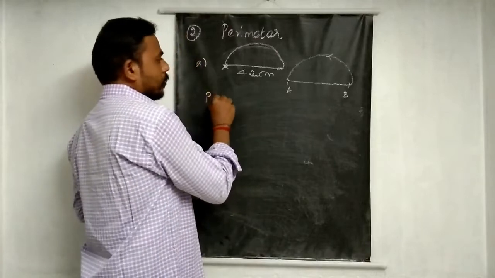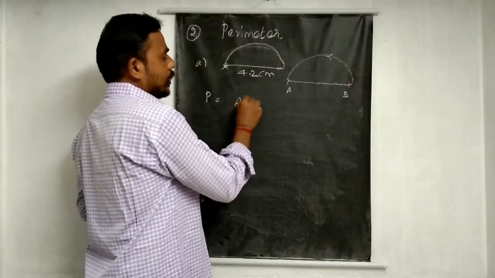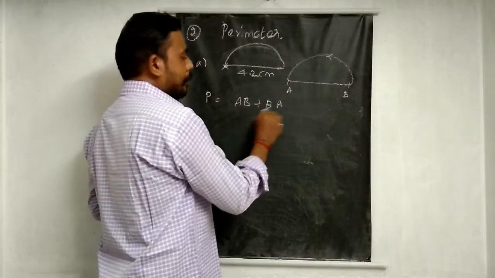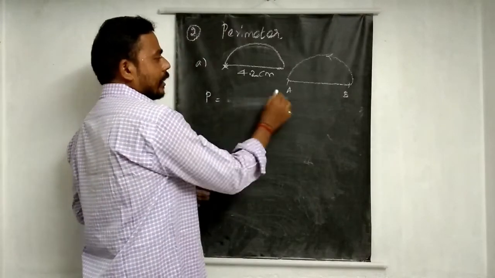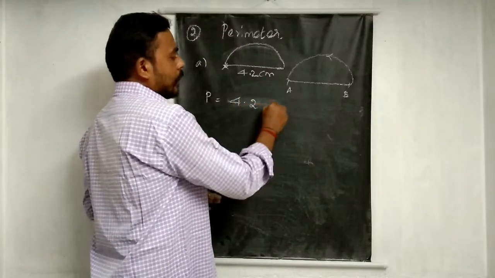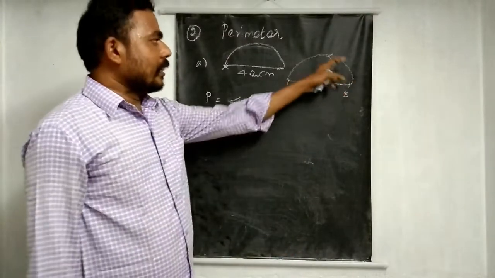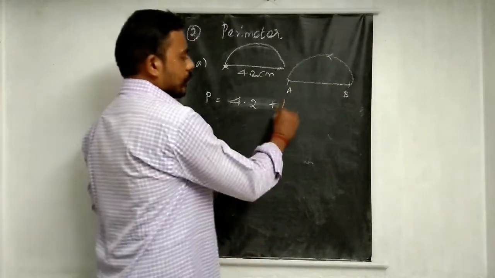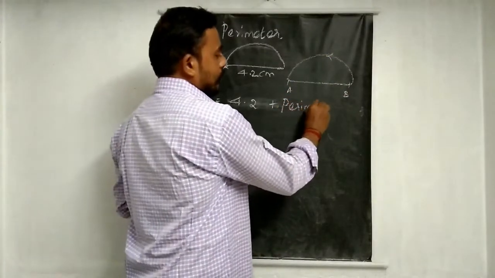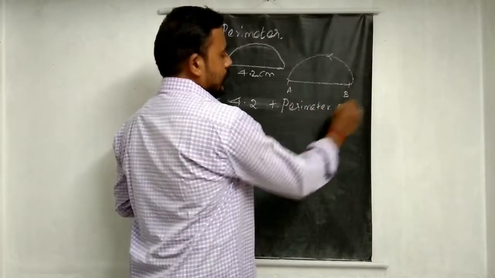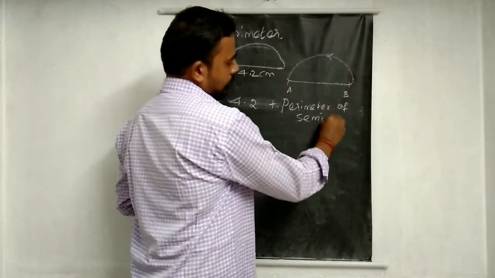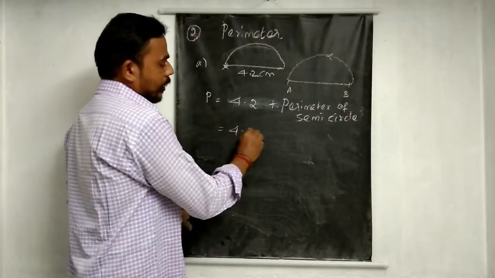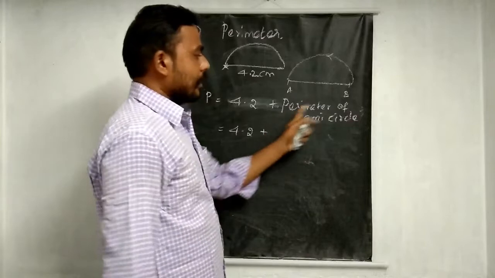So perimeter equals A to B, which is 4.2, plus the perimeter of the semicircle.